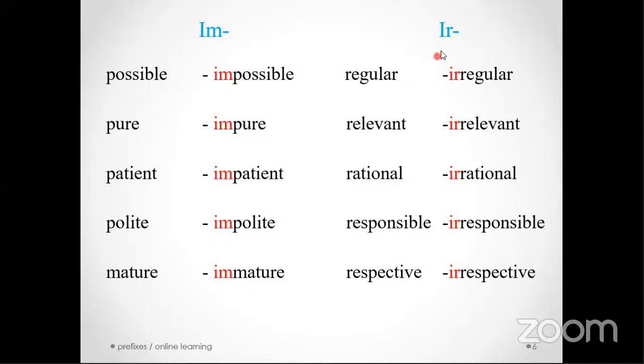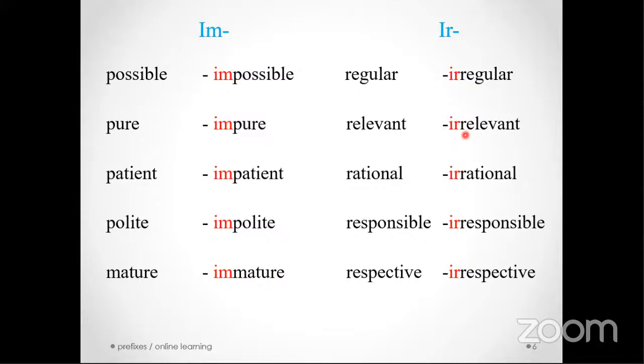And next one, the prefix IR. First one, regular, kramanukula, kramavat. With the prefix IR, it gives the opposite meaning, irregular. Next one, relevant, adala. With the prefix IR, it gives us the opposite meaning, irrelevant, adal novana.